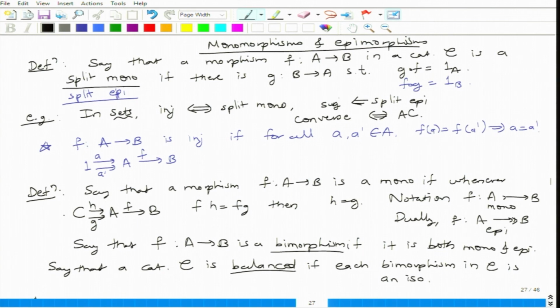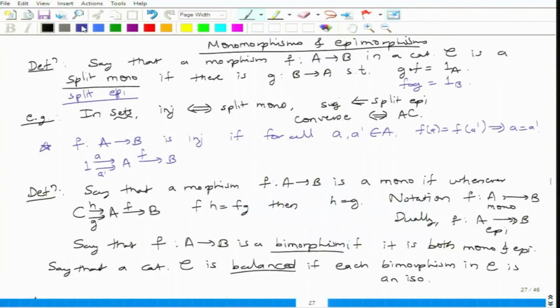So if you have Fh is equal to Fg, then you post-compose it with the left inverse, the one-sided inverse for F. I'm calling it F prime. From here you can conclude that F prime Fh is equal to F prime Fg, and F prime F is identity, so identity composed with h is h, which follows from the axioms of category.